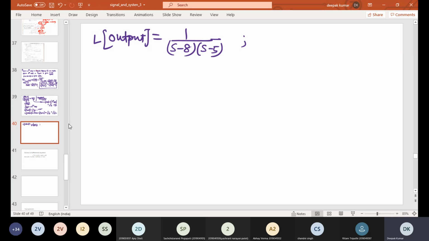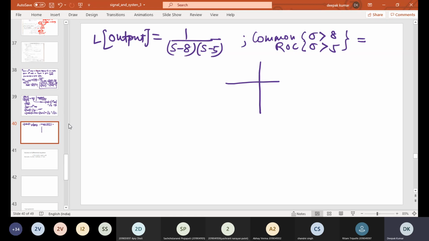And the common ROC of sigma greater than 8 and sigma greater than 5: plot the ROC diagram, this real axis which is sigma, and somewhere there 8, somewhere there 5 and 8, like this.